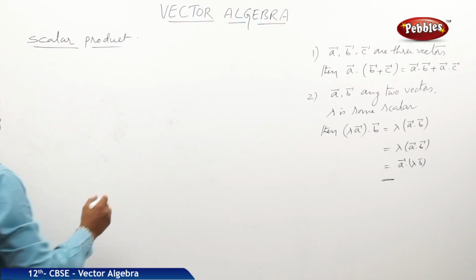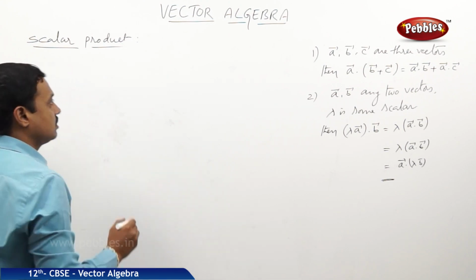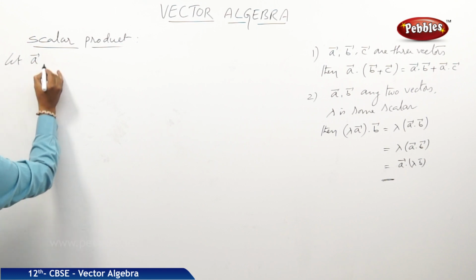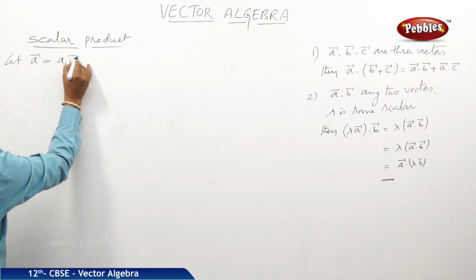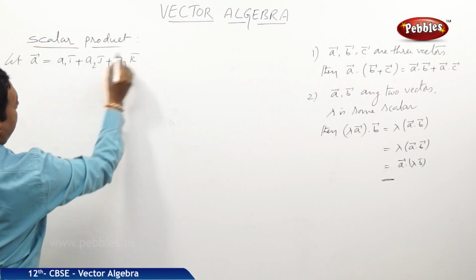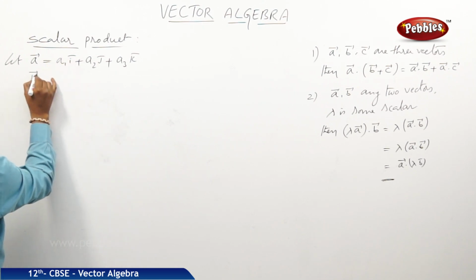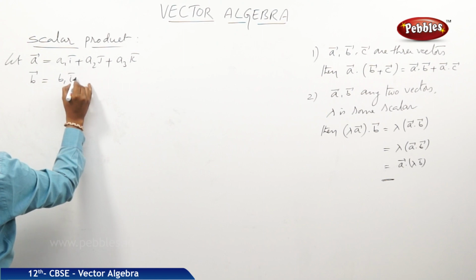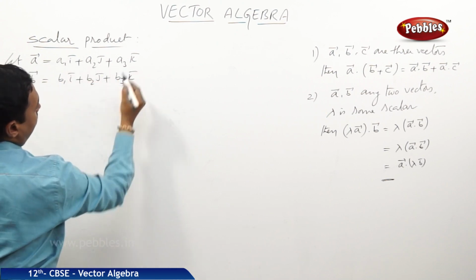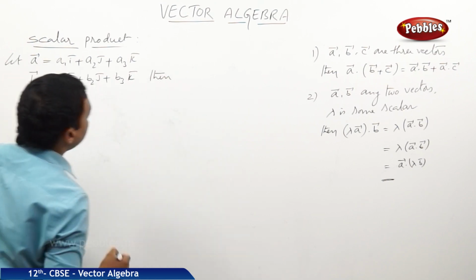Now let us define the dot product between two vectors mathematically. Suppose a bar is equal to a1 i plus a2 j plus a3 k, and the second vector b bar is equal to b1 i plus b2 j plus b3 k, then what is the dot product between them?